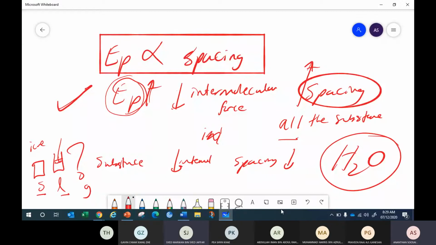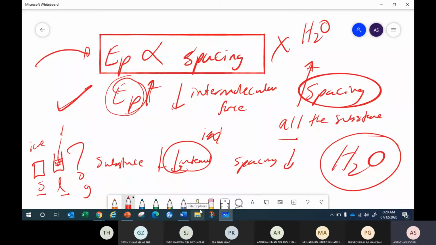But water has a higher internal energy, even though the spacing decreases. For water, the spacing decreases. So the concept above, EP proportional to spacing, is not applicable for H2O.